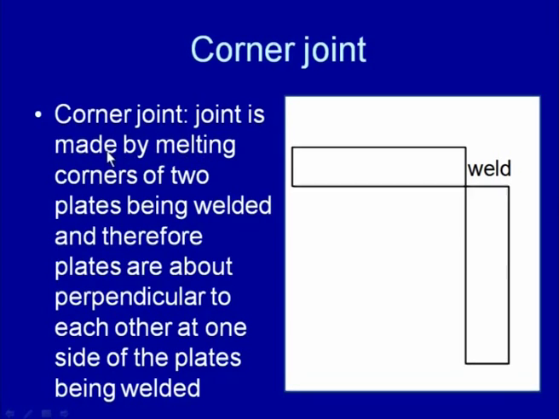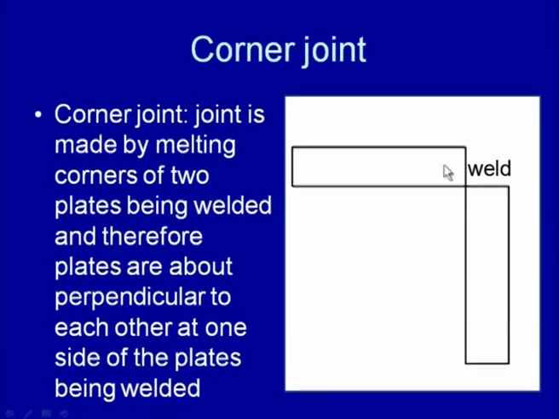So, this corner joint is made by melting the two plates being welded, and the two plates are kept perpendicular to each other at one corner. The weld is made by depositing the weld metal at the corner of these two plates, and for this purpose various kinds of groove geometries can be used.